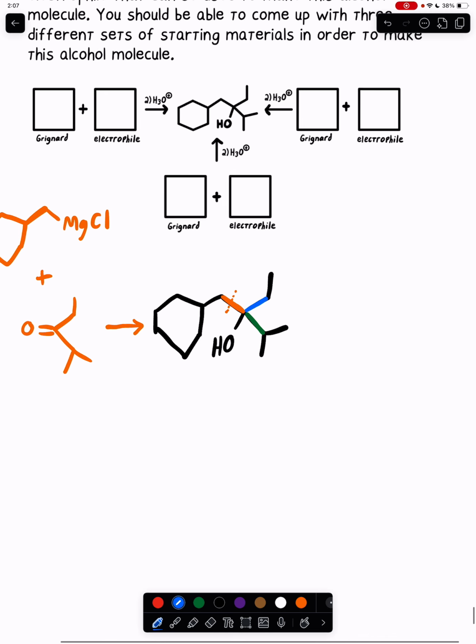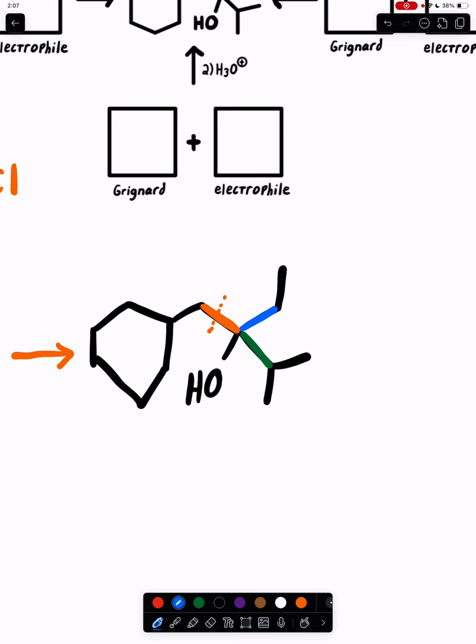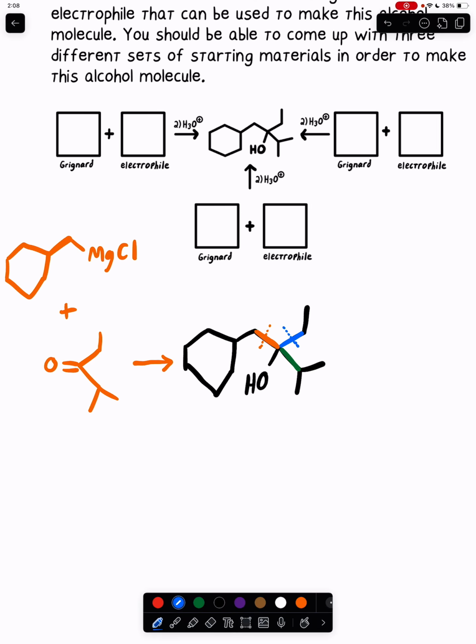Let's do the blue bond now. If the blue bond is the new bond, I'm going to draw a dash there saying that's the new bond. Everything on the side with the oxygen must have been the ketone, so this whole thing must have been the ketone. This carbon here must have been the nucleophilic carbon that came in and reduced that ketone. So this 2-carbon portion must have been from the Grignard reagent. Let's draw those 2 reagents.